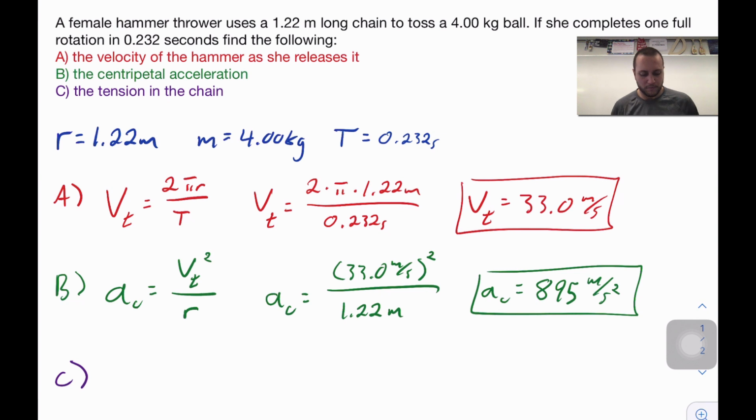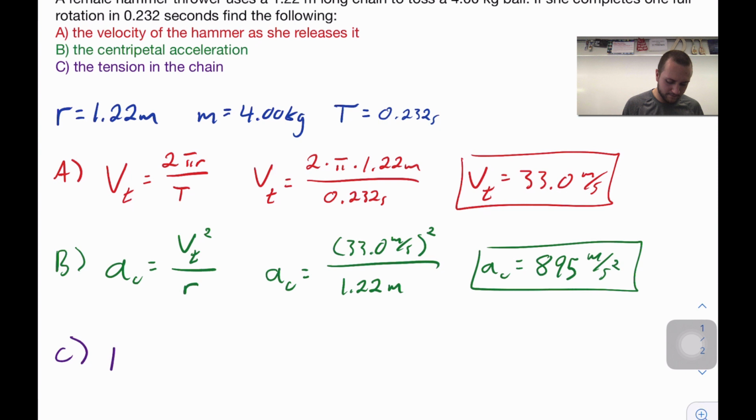The last question here is the tension in the chain. The tension in the chain is going to be the centripetal force, because as the hammer thrower rotates, we're going to acknowledge that that tension is being generated by the force that she is applying, pulling in on that hammer as it rotates. So now our tension, which is a force that we're used to, is going to be equivalent to our centripetal force.